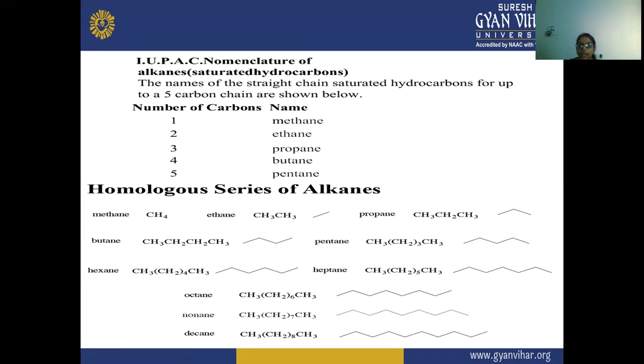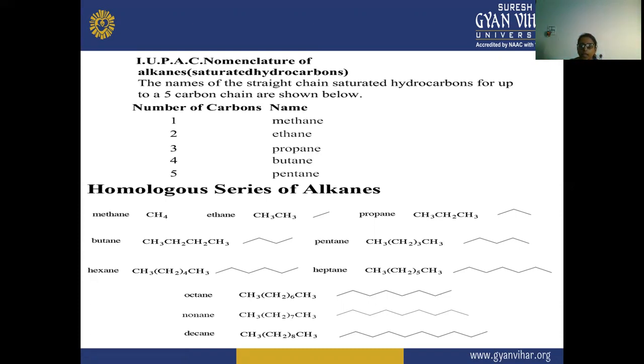Next is your hexane. So hexane is having 14 hydrogen atoms plus 6 carbon atoms, and you can see here the 14 hydrogen atoms.